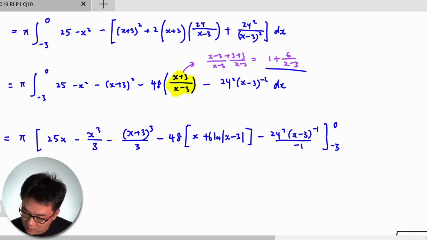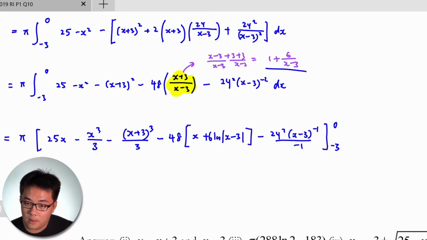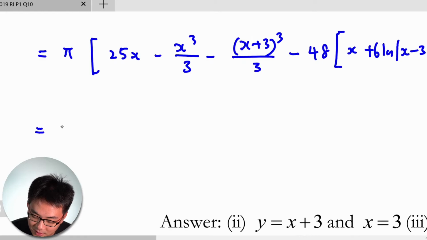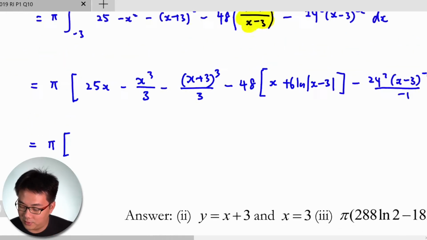Slowly expand it. When x is 0, everything will just be 0 except for the ln, so take note of the ln.